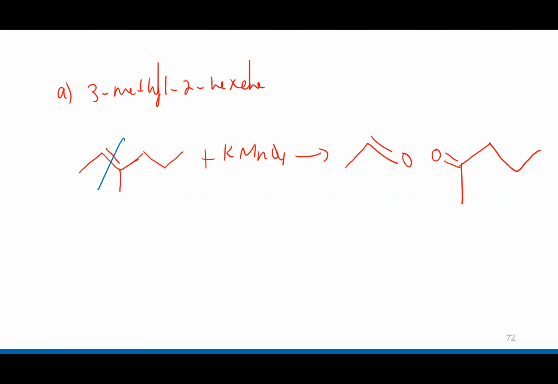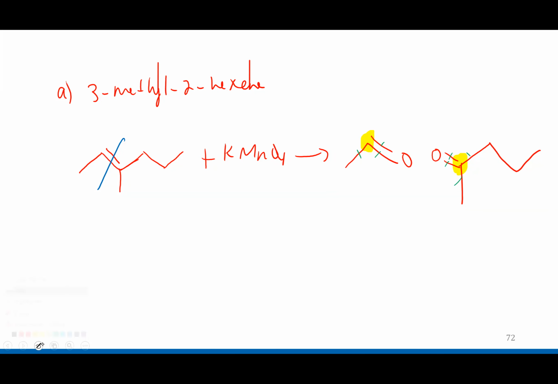Okay, so now what I need to do is look at the carbon of each double bond and count and see how much room I have left for another oxygen, for example. On the left, I have 1, 2, 3 bonds. On the right, I have 1, 2, 3, 4.